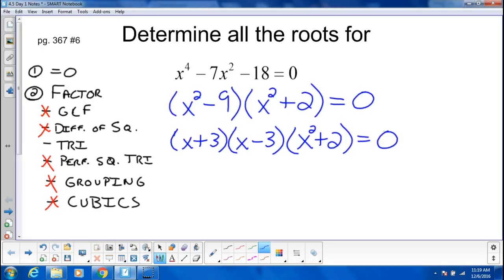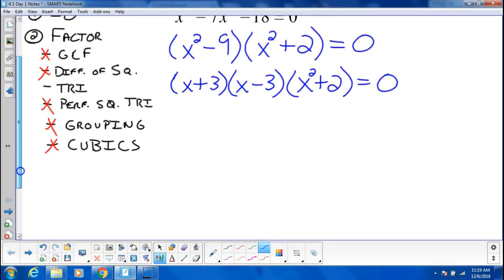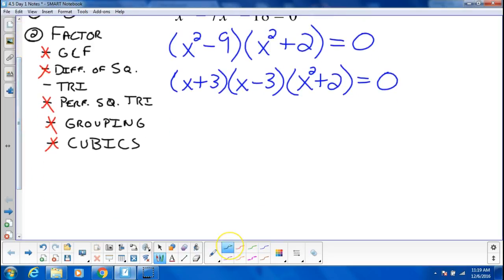Okay, all right. So now we've got to go to step number 3. What's step 3 in this one now? Solving. How are we going to go about solving?